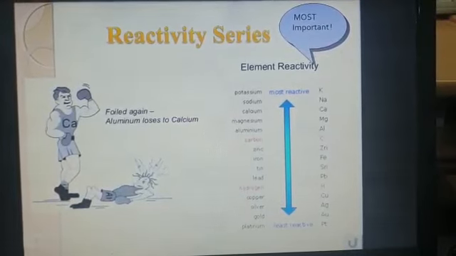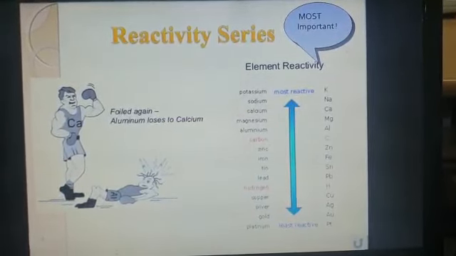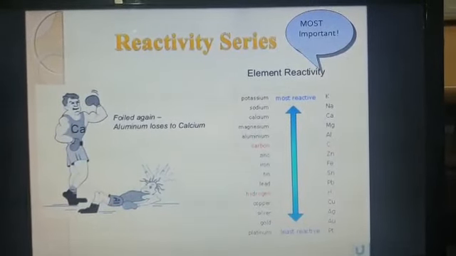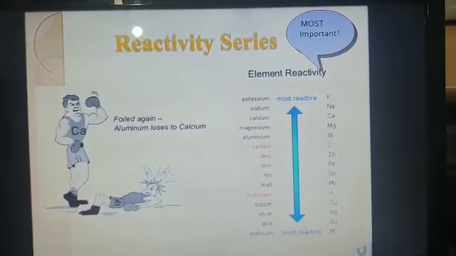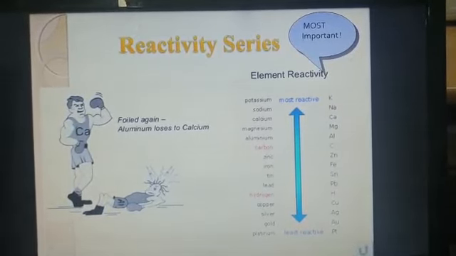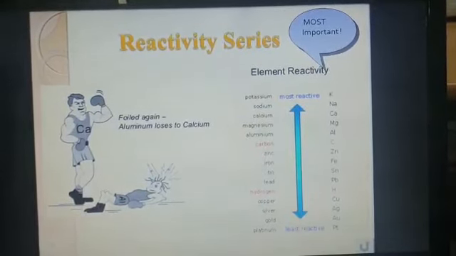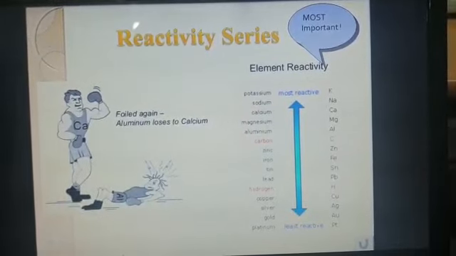So the topmost element can displace the lower elements, but the lower elements are not able to displace the higher elements. See the figure, calcium is more powerful than aluminium. Calcium is at the top and aluminium comes below it.